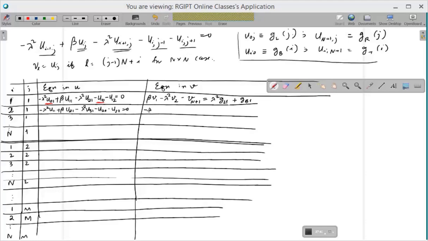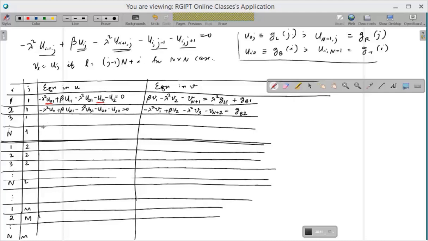And when you write this as an equation in v, it is minus lambda square v1 plus beta v2 minus lambda square v3 minus v n plus 2, that would be equal to gb2. On the right hand side I have one term appearing, so you can write down other terms like this.